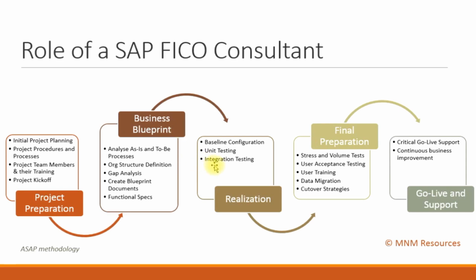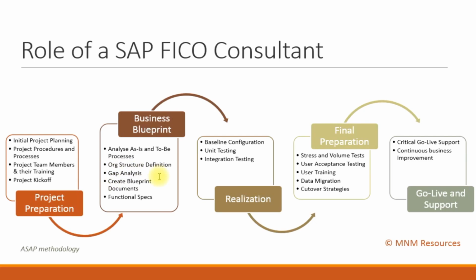Then you have to define the organization structure. These are the organization's departments and divisions, and also how you want to have each process defined for each of these organizations in SAP. And anything which can't be done standardized in SAP, you have a gap analysis and you see what other customization programs you can do to overcome this situation.